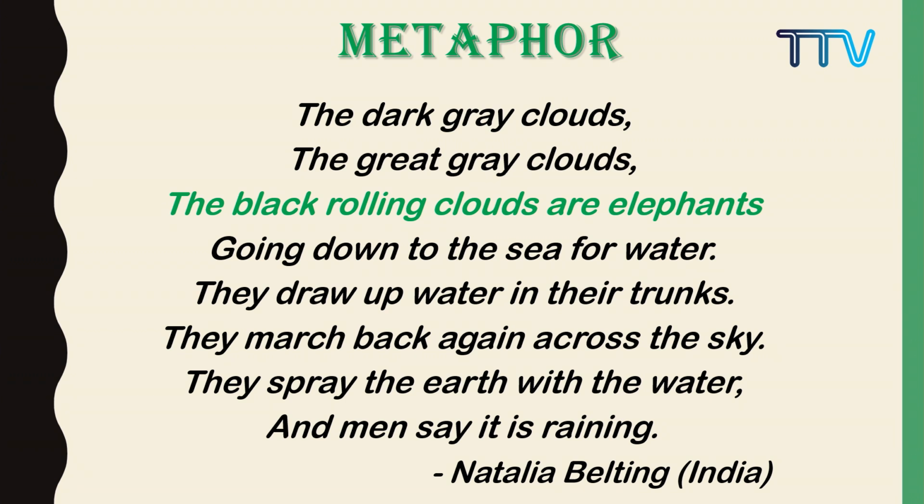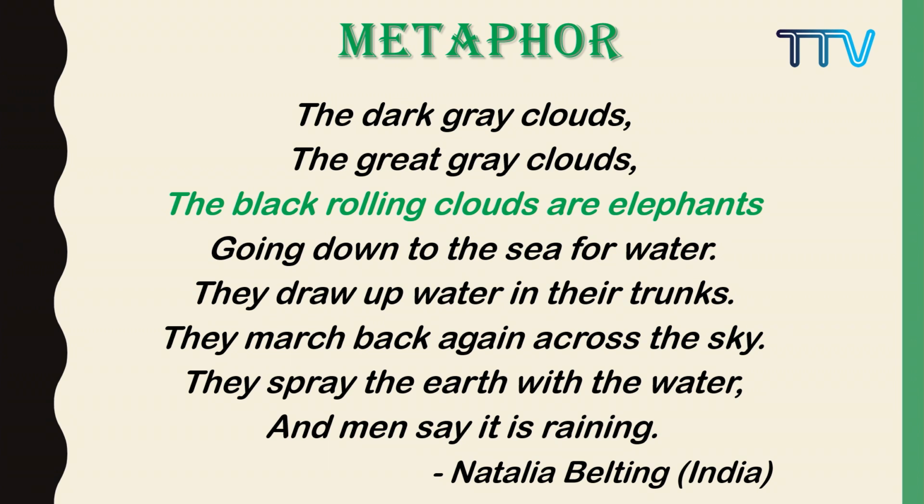The dark grey clouds, the great grey clouds, the black rolling clouds are elephants. So rather than saying are like elephants, if you write are like elephants it means you are using simile, but here the black rolling clouds are elephants. So it is a metaphor. Okay, so the cloud is behaving like an elephant, and the elephants are drawing water in their trunks, and then they go back to the sky and spray the water on earth, and we say it is raining.